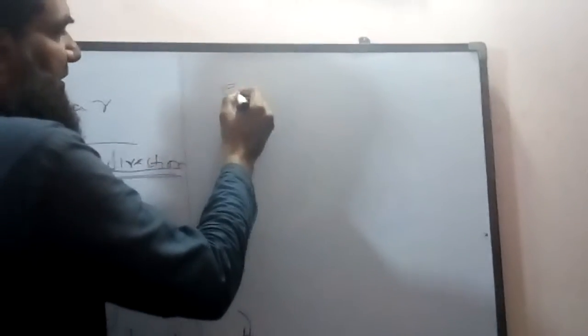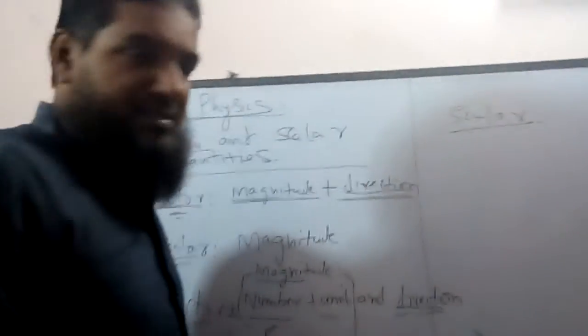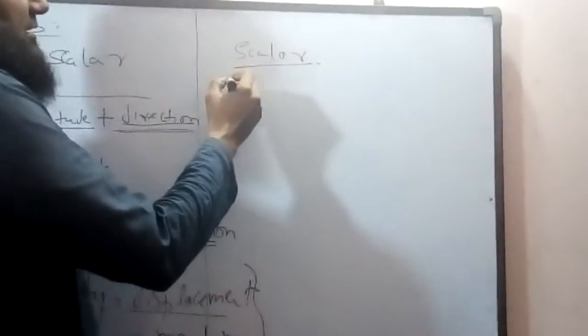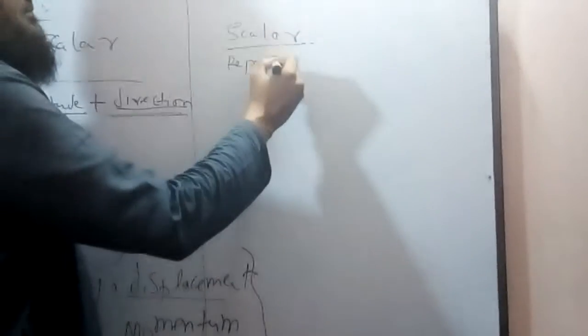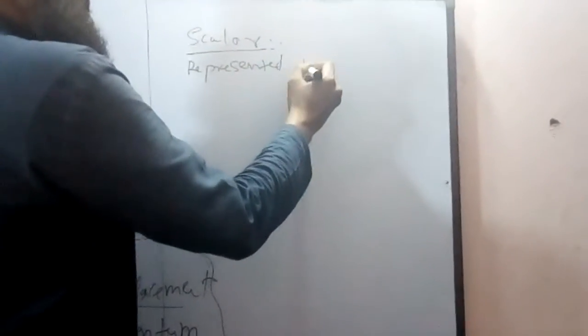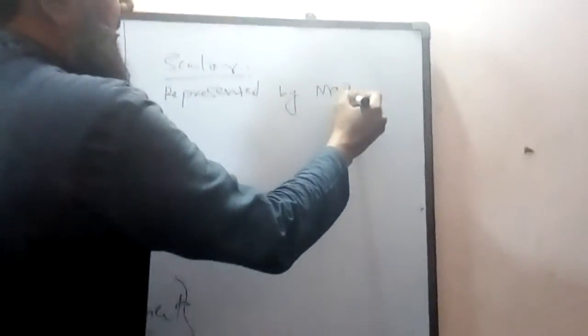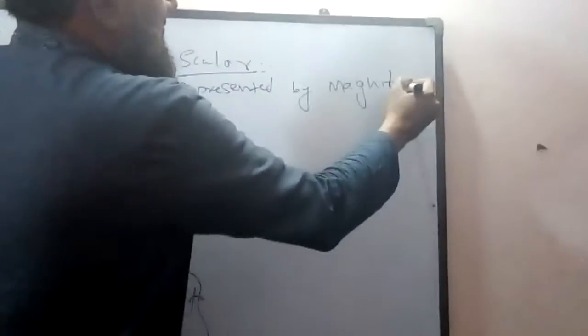Now I am talking about scalar quantities. Scalar quantities are those quantities represented by magnitude only. Direction is not involved in it.